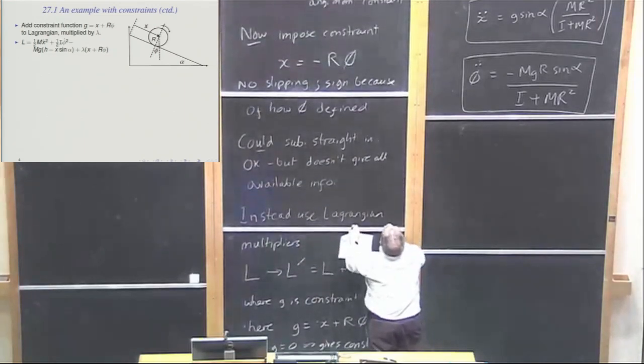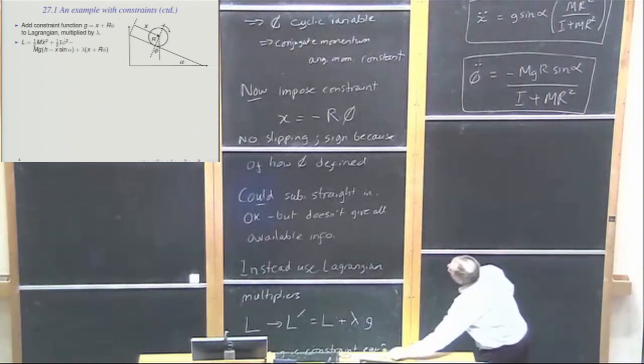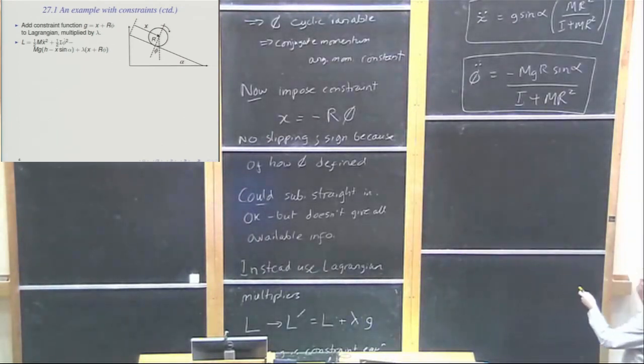Here we are. So in the trivial case where we had no constraint, the block was coming down in x just under gravity. Now we have the same term, but with this factor after it.